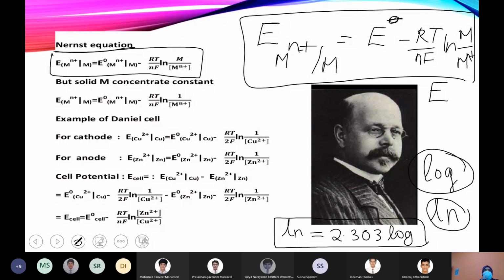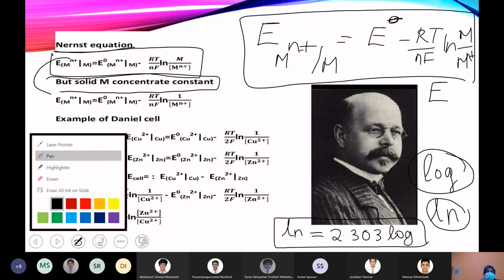So here you can see concentration of metal divided by metal ion. But we know that for a solid, we keep the concentration constant because for a solid we don't take the concentration. Only for an aqueous solution we take concentration. That is why for solid M the concentration is constant. So the same equation is modified in this way.